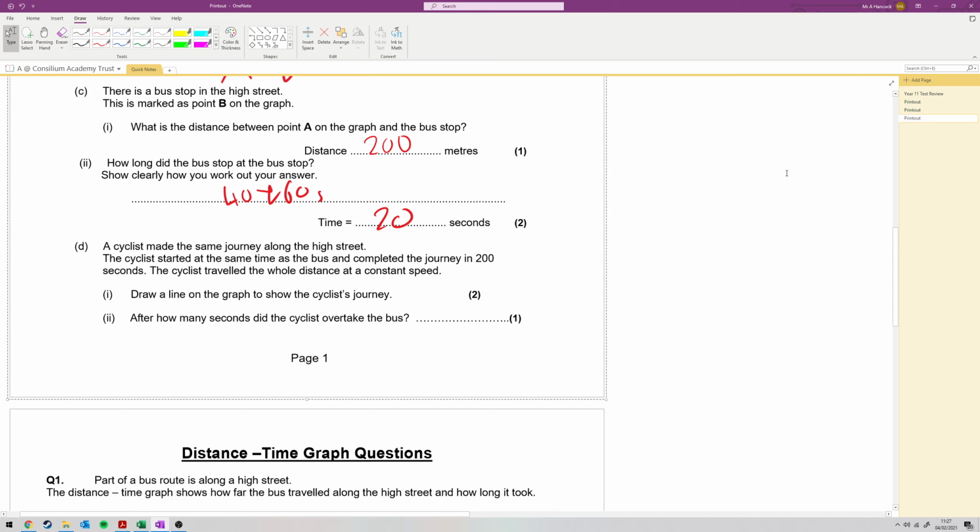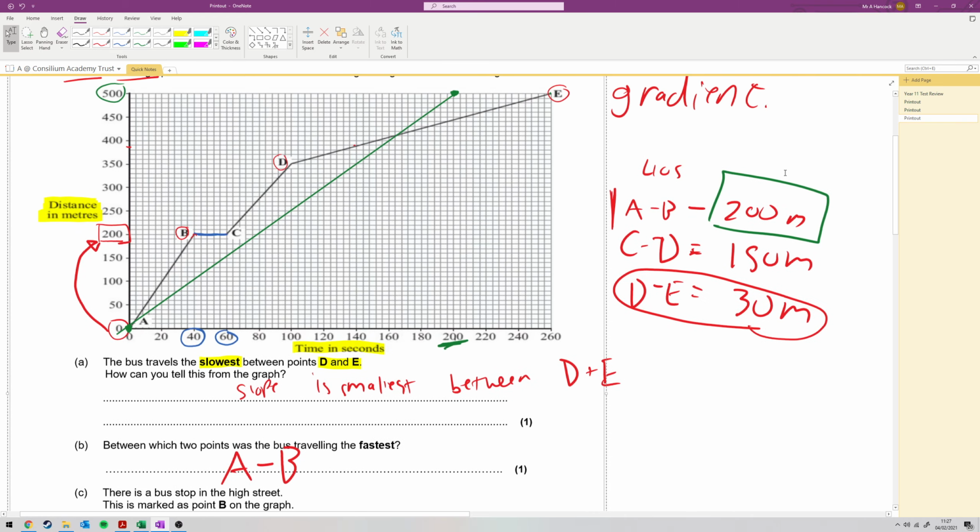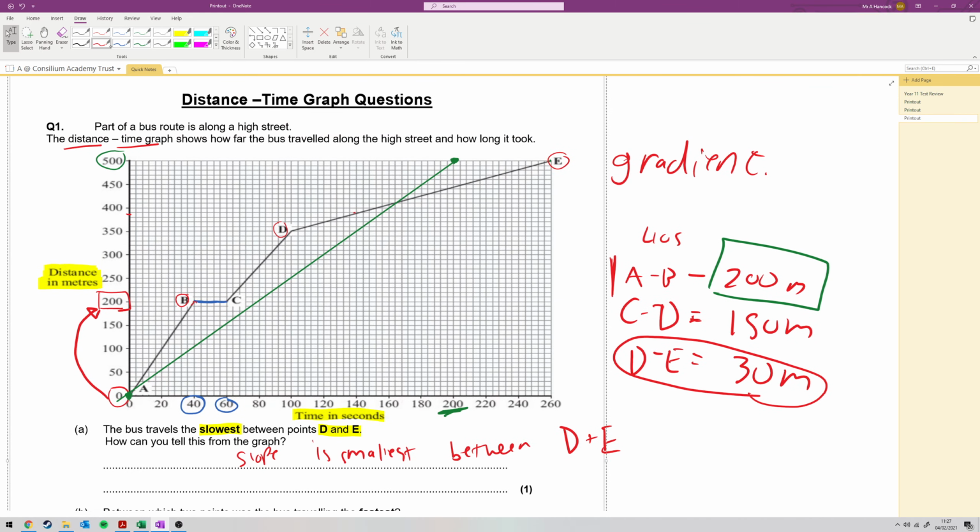After how many seconds did the cyclist overtake the bus? Well, if you look here, so I'll get my red pen out again. The bus at 20 seconds, there's the cyclist. Cyclist is at 50 meters ish, and the bus is at over 100 meters. So if this black line is above the green line, it means the bus is ahead.